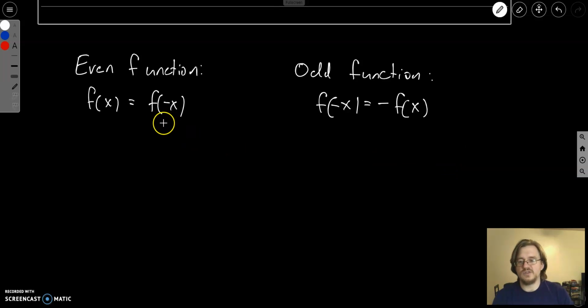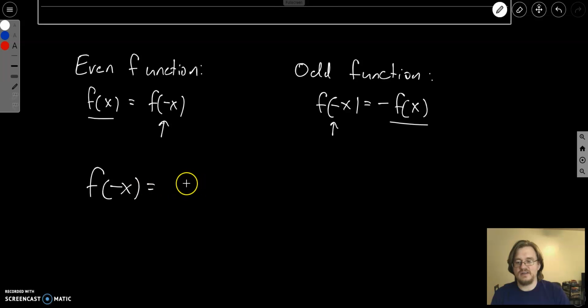So all we have to do is plug in negative x into our function, and we see, do we get the original function or do we get the negative of the original function? And it could be that we get neither. So let's try this. For our function, we have our input cubed minus 3 times our input squared.